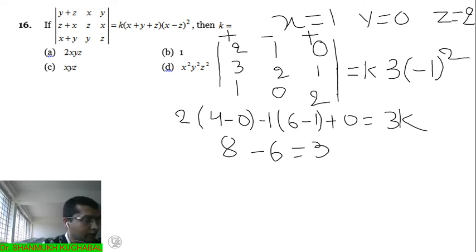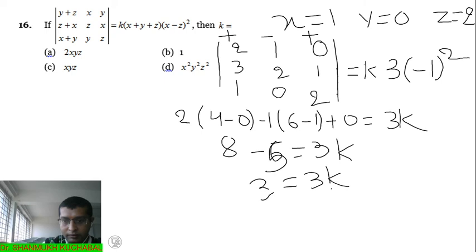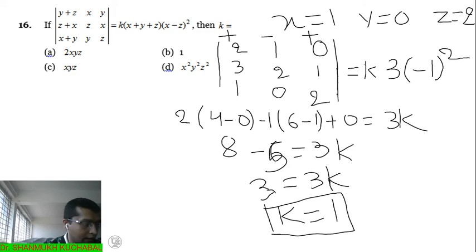Yes, we get 6 minus 1 as 5, so 3k here. 8 minus 5, it is 3 equal to 3k. So we get the solution as k equal to 1. Therefore option B is the right answer.